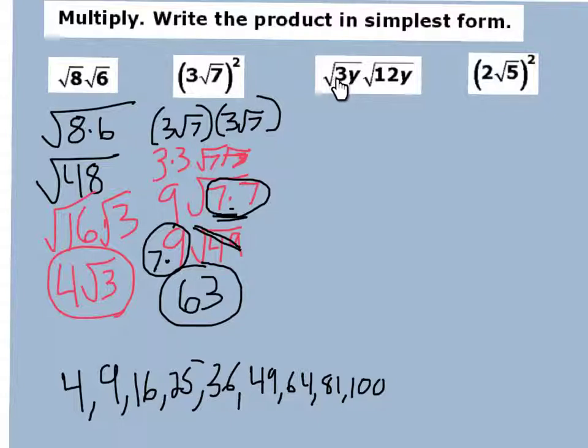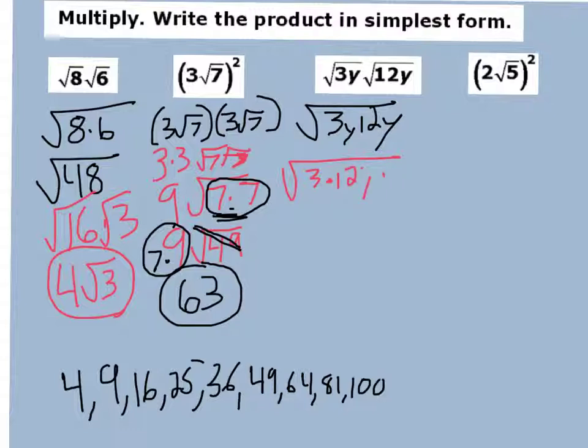All right, let's try this one. If I'm multiplying these two radicands, I can put them underneath one big radical, and then I can do the commutative property, and I can move them next to each other. So 3 multiplied to 12, and then y multiplied to y.